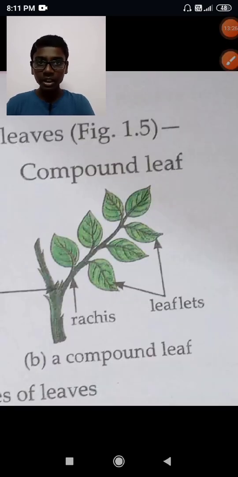So the definition of compound leaf is: a compound leaf is such a type of leaf where the lamina is divided into leaflets.